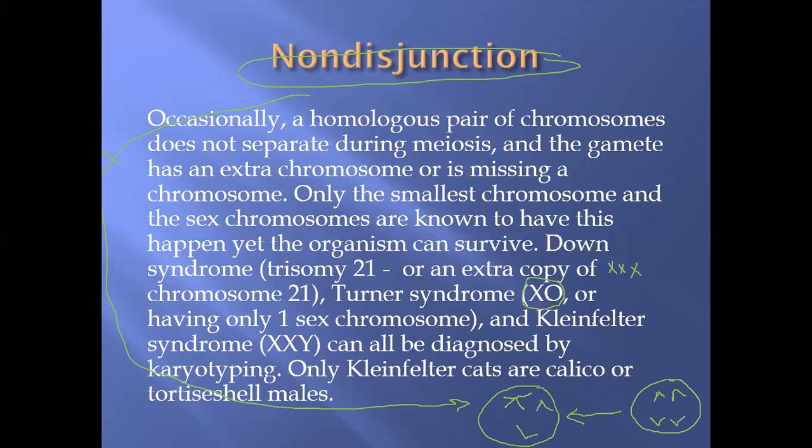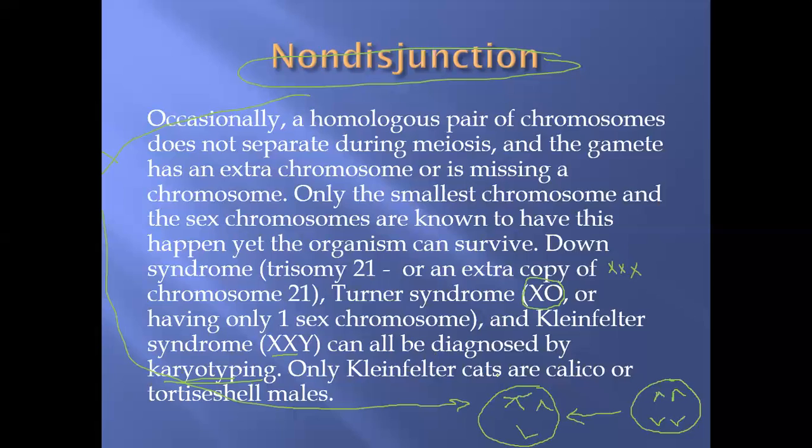Klinefelter syndrome, I was just talking about this with cats. Klinefelter syndrome means you have an extra X chromosome, and so you are biologically male, or the organism is biologically male, but it has an extra X. These can all be diagnosed by karyotyping, which is the lab procedure that I had you guys go over for your lab last week, where we actually take a picture of the chromosomes and organize them in that way.